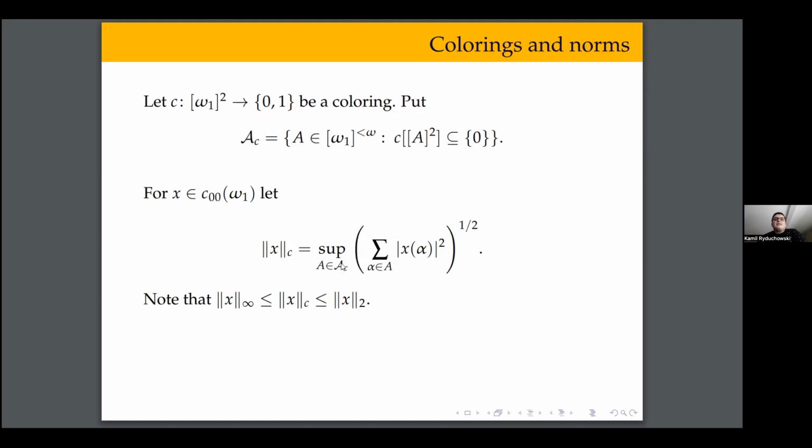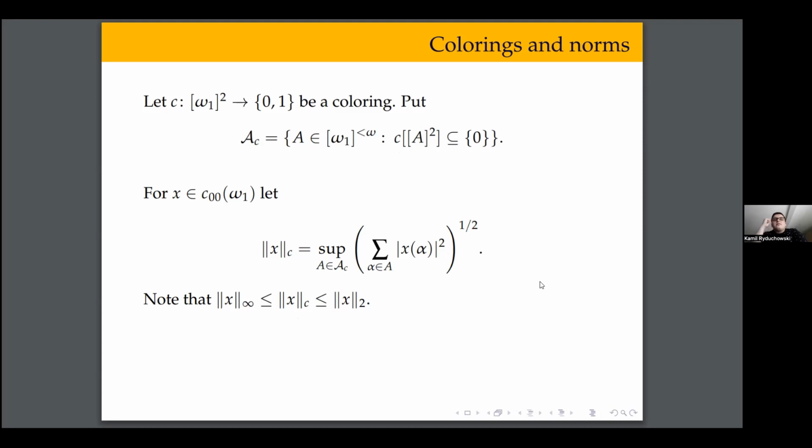Well, we basically write the definition of the L2 norm, but instead of taking the supremum over all finite subsets of omega 1, we just take the supremum over all 0 monochromatic subsets of omega 1. Since obviously we are taking the supremum over fewer than all finite subsets, this norm is less or equal than the L2 norm. On the other hand, all singletons are monochromatic in both colors, so it is at least the infinity norm.